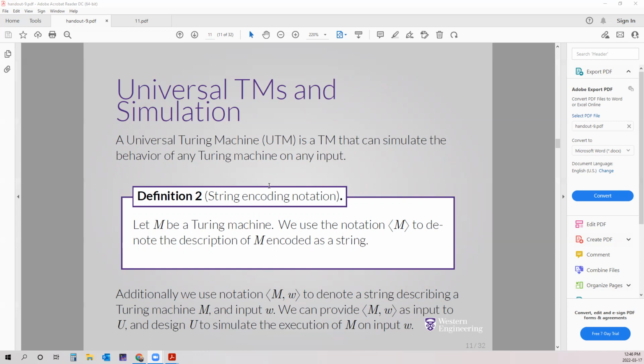Additionally, we will use the notation ⟨M, W⟩ to denote a string describing a Turing machine M and an input string W. So here, this is the Turing machine and the input will be a string called W. We can provide ⟨M, W⟩ as input to a universal Turing machine and design a universal Turing machine to simulate the execution of M on input W.